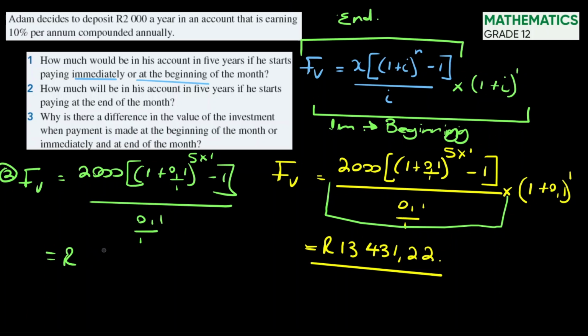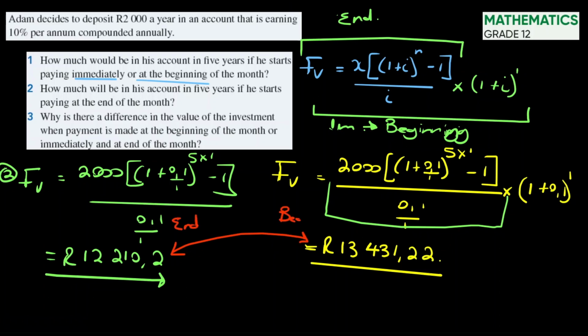And what I'm getting in my calculator is 12,210.20. And if you pay attention, this is at the end of the month, and that's the beginning of the month. You can see the beginning of the month is 13,000, end of the month is 12,000. Make a note of that.